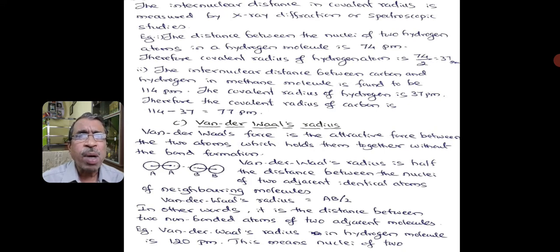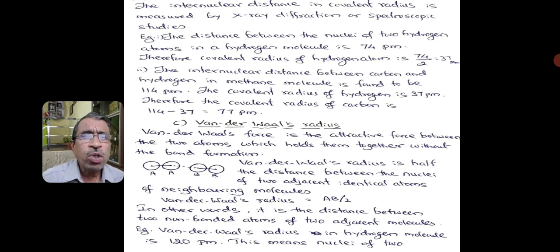And also we come across such van der Waals forces even in molecules which are in the form of gases. Van der Waals radius is once again much greater than the covalent radius, which is greater than ionic radius or the atomic radius.